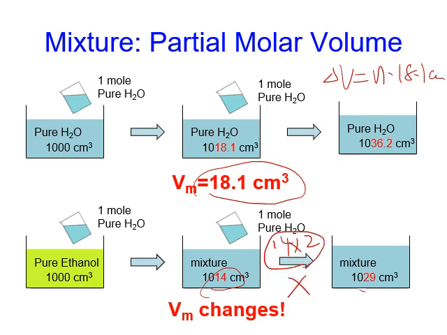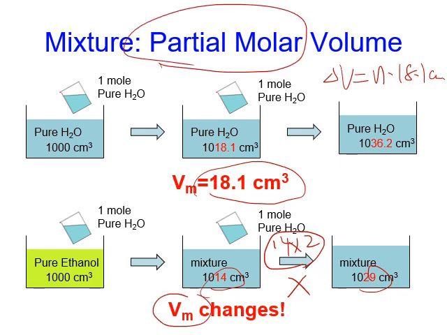Instead, it's 29. So the contribution of volume from 1 mole of water is not a constant, but changes when the concentration changes. And this is called partial molar volume. Partial molar volume is a property of a mixture.